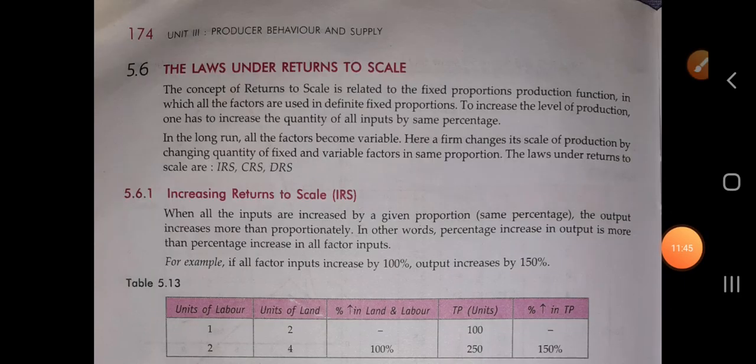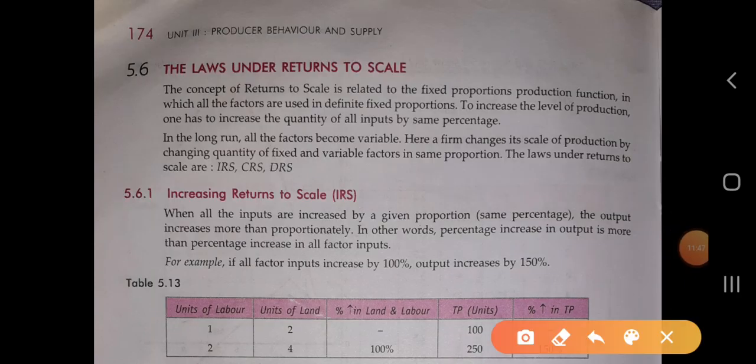What is the law of returns to scale? The concept of return to scale is related to the fixed proportion production function, in which all the factors are used in definite fixed proportion. To increase the level of production, one has to increase the quantity of all inputs by the same percentage. In the long run, all the factors become variable.